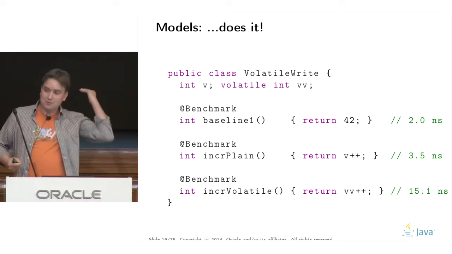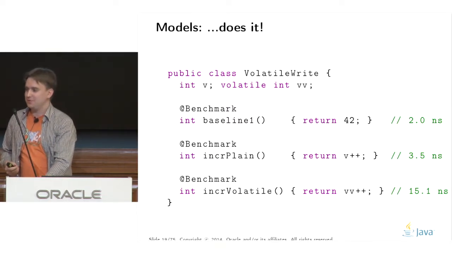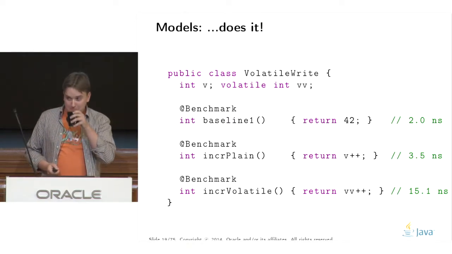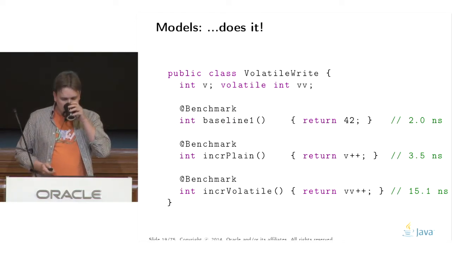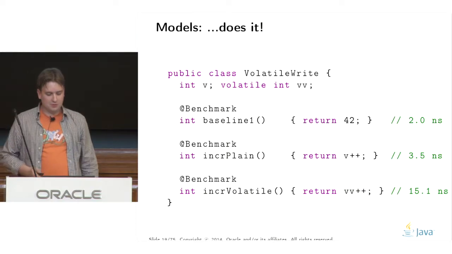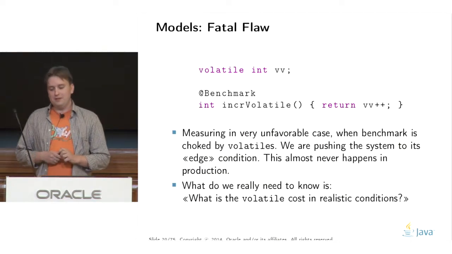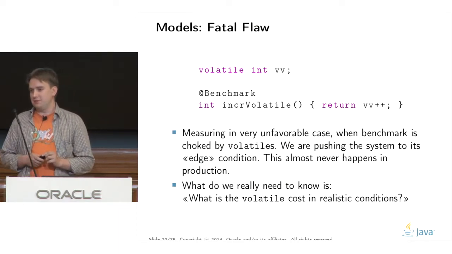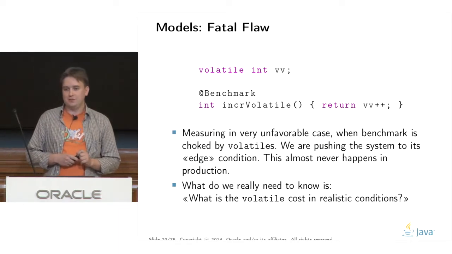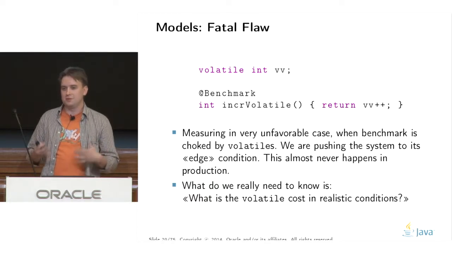Yeah. What's the problem with this benchmark? Is there a problem with this benchmark? JMH actually handles all that. The fatal flaw there is that writing volatiles is a heavyweight operation. And so if we do this kind of thing continuously, we drown the system in volatiles.